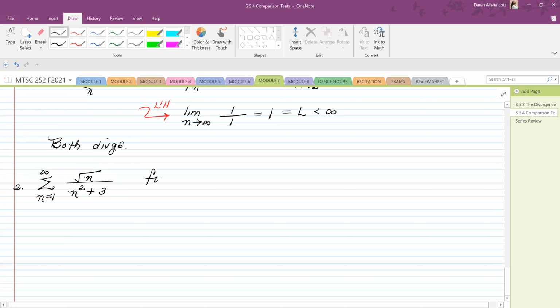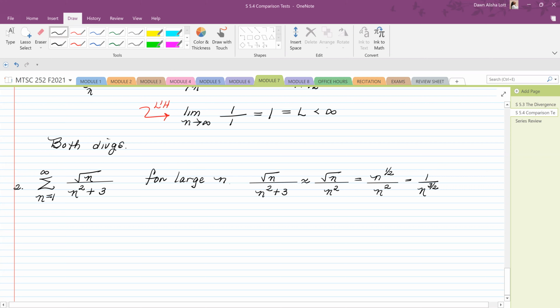For large n, the square root of n over n squared plus 3 just looks like the square root of n over n squared. But that is n to the 1/2 divided by n squared. So that looks like 1 over n to the 3/2 power. Okay, so that's what that kind of looks like.